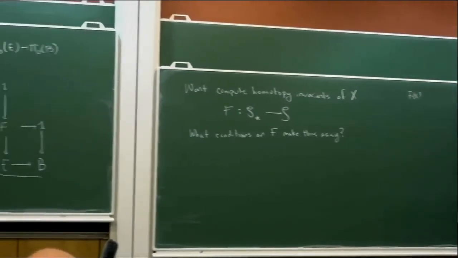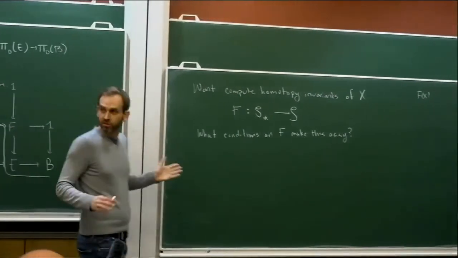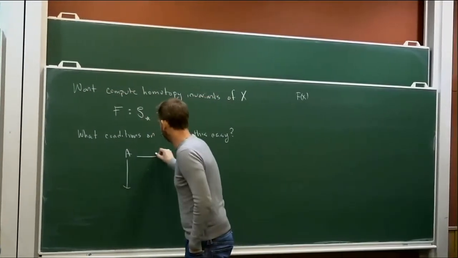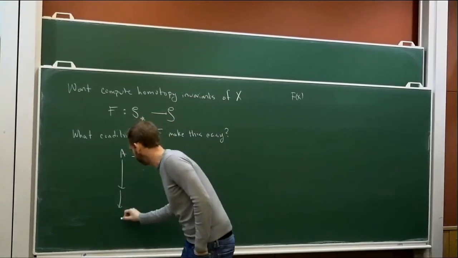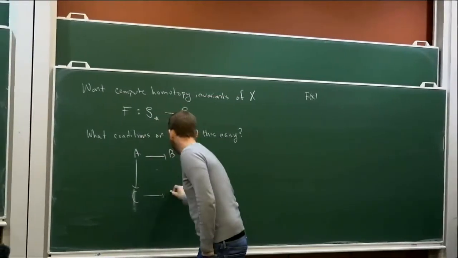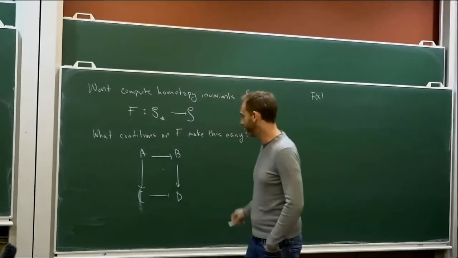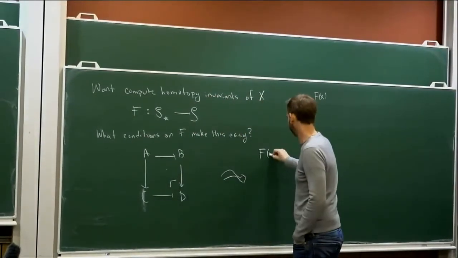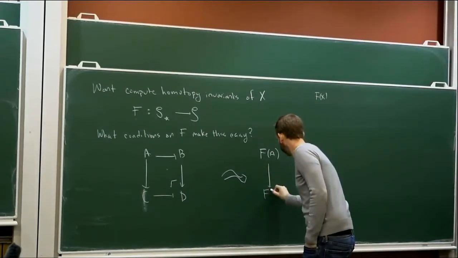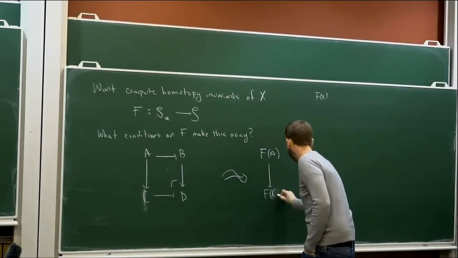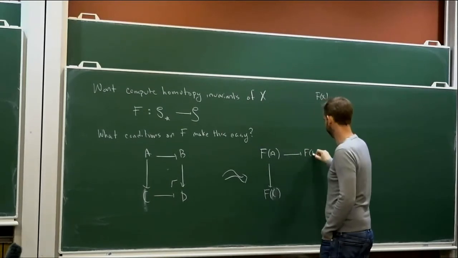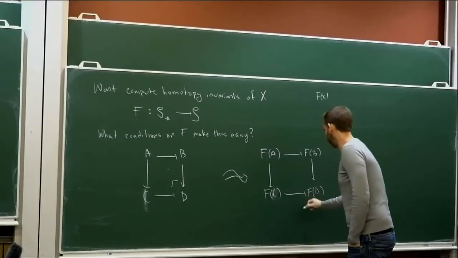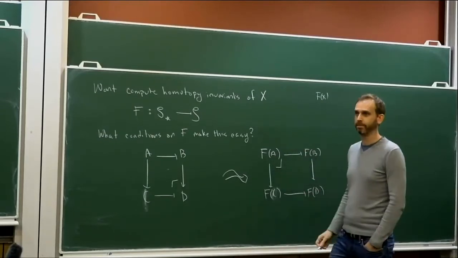So let's ask of F something obscenely strong: let's suppose that anytime I have a pushout square, and I apply F to it, let's suppose it becomes a pullback square, okay?